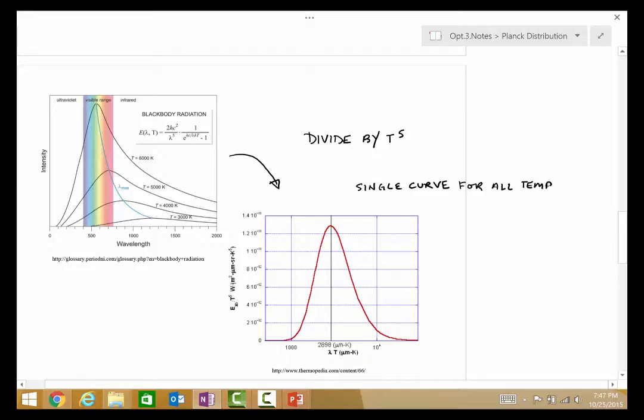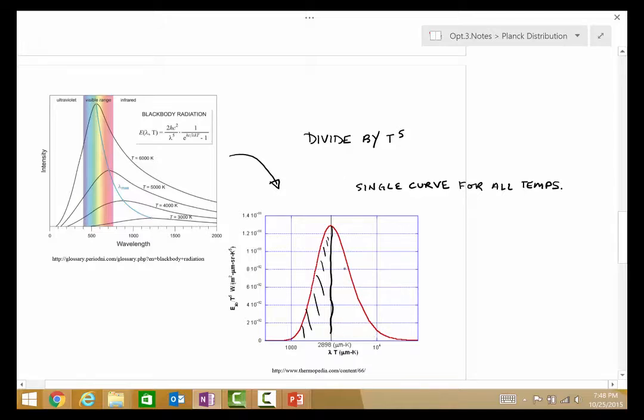And this becomes very useful in terms of identifying, for example, the fraction of radiation within different wavelength intervals. So one of the things that this would tell us, and tables are developed for this, is that the amount of radiation that's emitted between 0 lambda T and 2898 lambda T is about 25%.